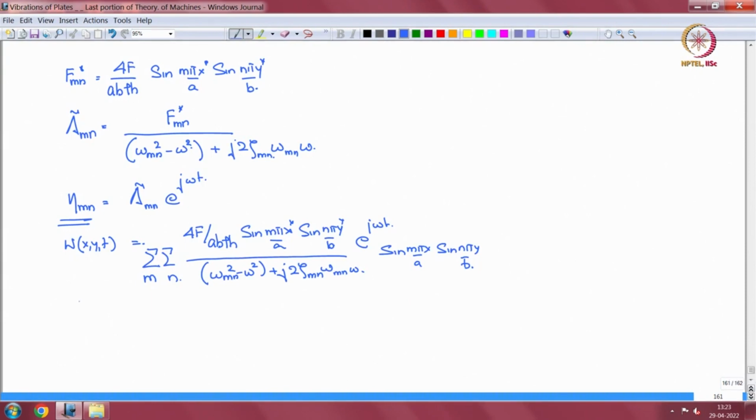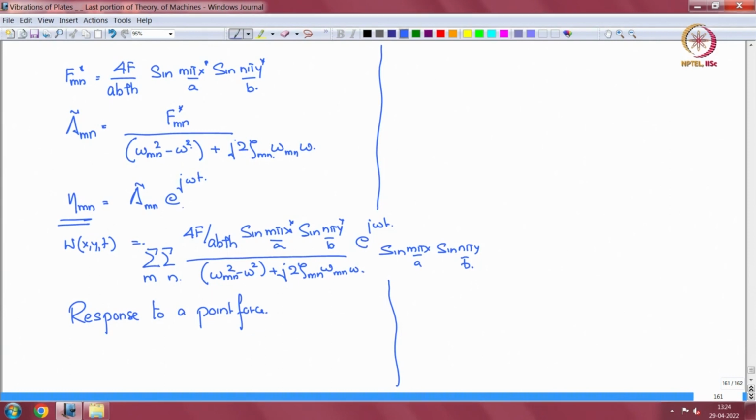Okay, so this is the response to a point force. Okay, next, I'll just say this here, please take a note that there is no m or n standing out.